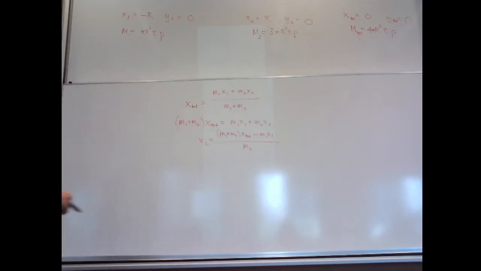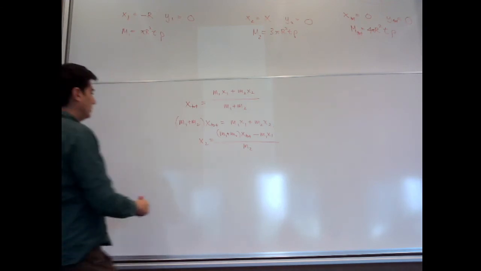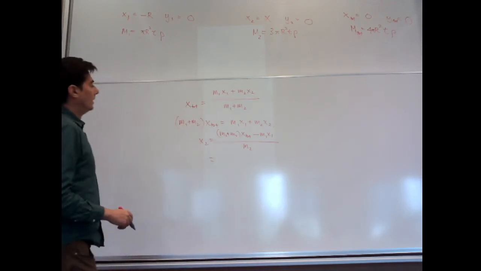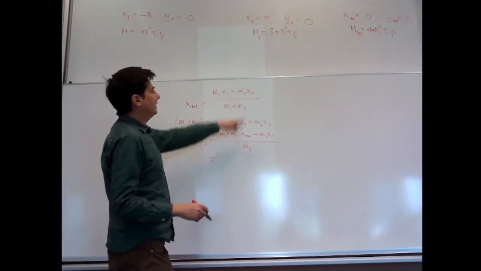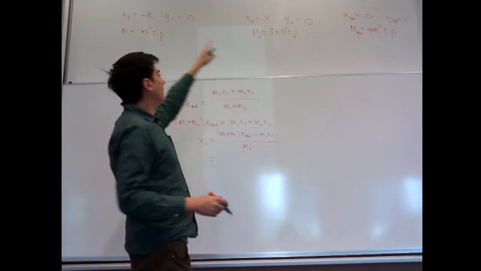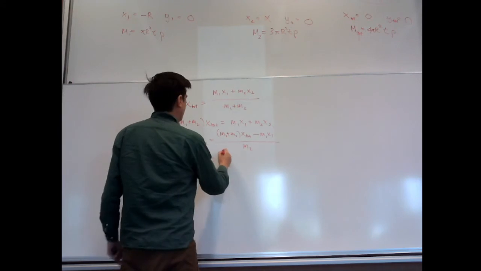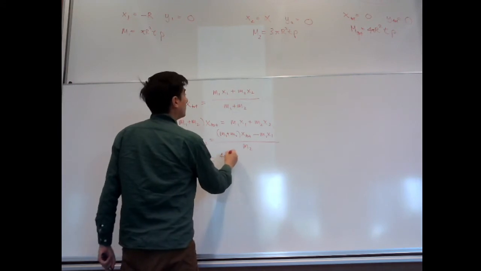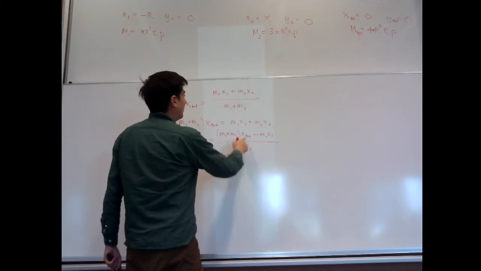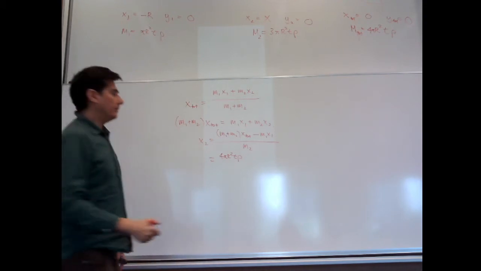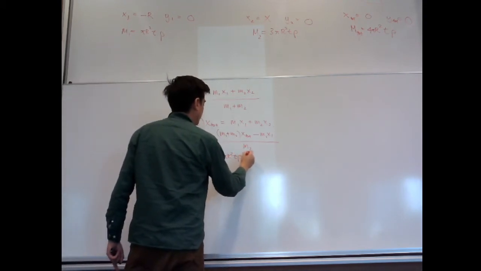So let's go ahead and do that. So m1 plus m2, that's the 4 pi r squared t rho. But actually x total is 0, so I didn't really need to do that.